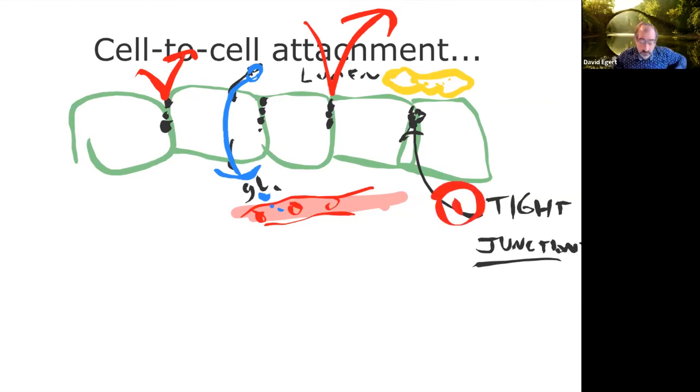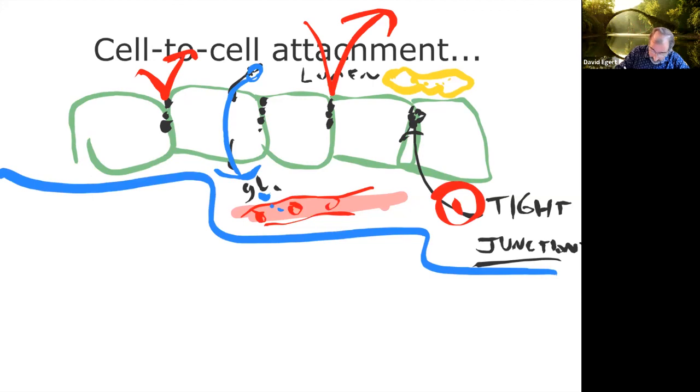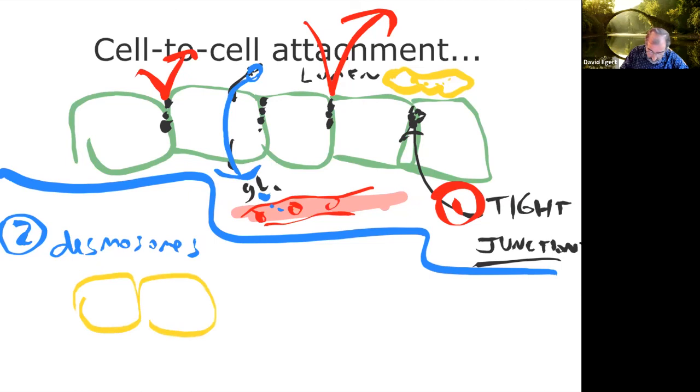Another kind of junction are desmosomes. We're not going to really talk about them all that much, but you should know they exist.